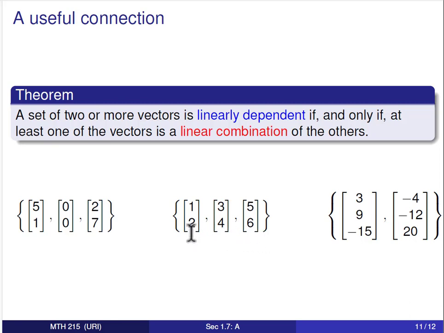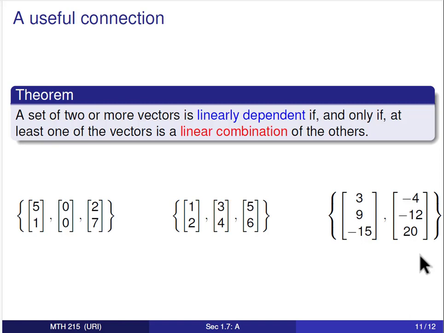And we have not shown it yet, but if you were to check whether (5, 6) is a linear combination of (1, 2) and (3, 4), you'll find that the answer is yes. There is a way of scaling these vectors in order to produce that one. And because this second vector is a multiple of the first one, there is clearly a linear combination. We said negative 4/3 times that first vector is equal to this second vector.